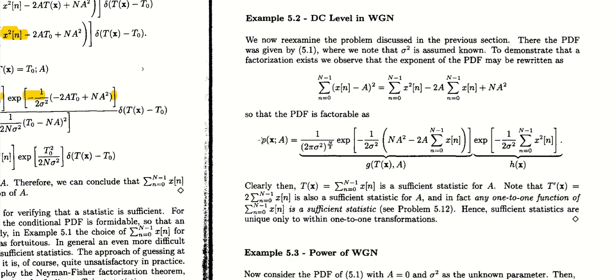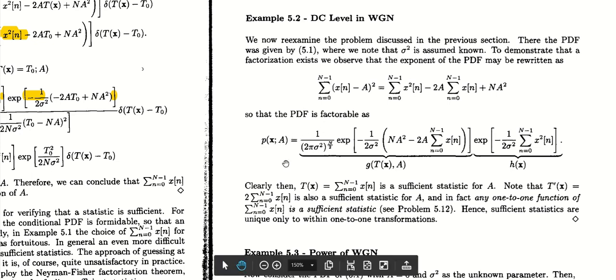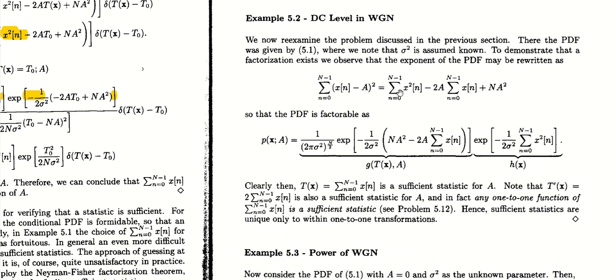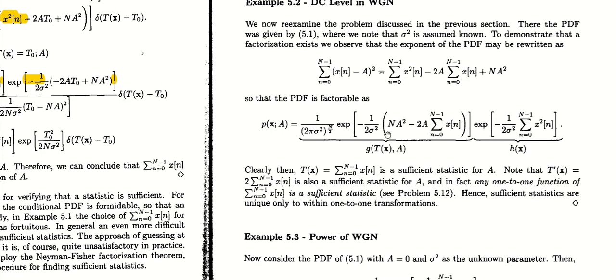Okay, let's take a look. You have p of x; A equal to, this is Gaussian, then the exponent of this whole equation. Then you put it into two forms. One form is the x squared that goes here, and x with N A squared that goes here. So now let's check carefully.